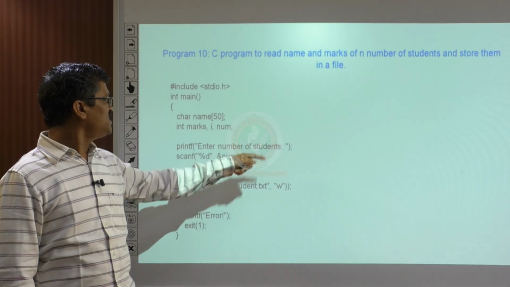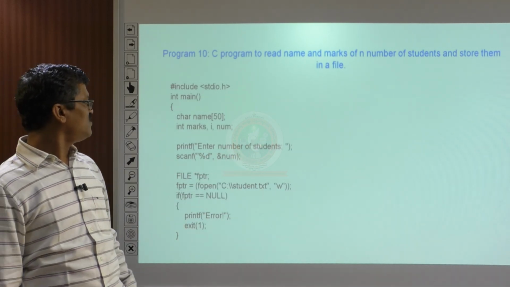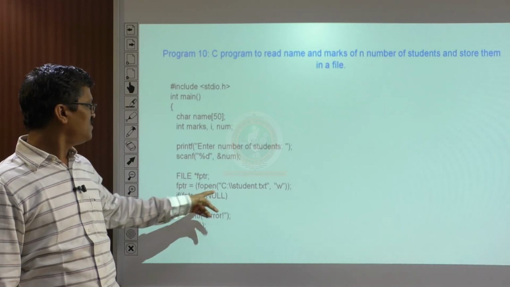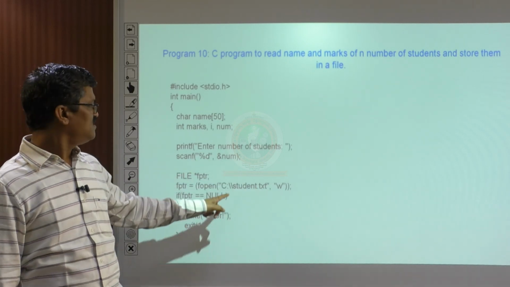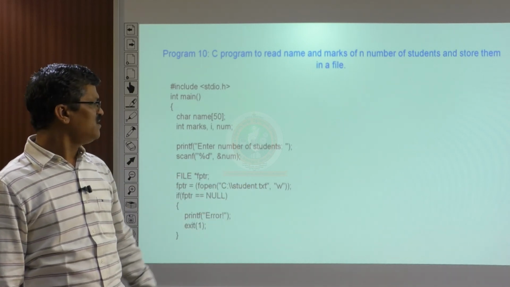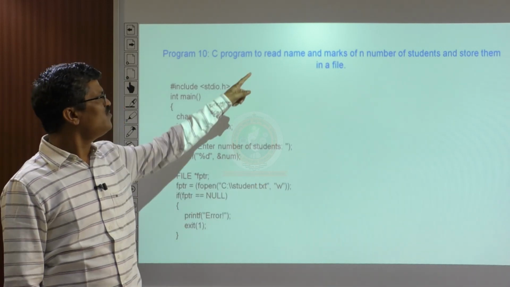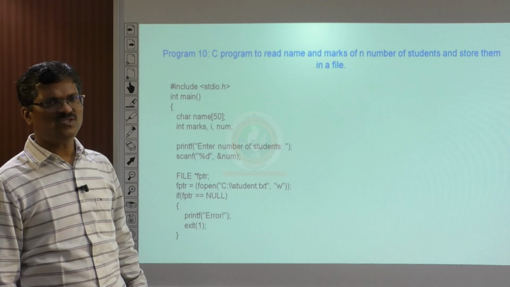So, enter the number of students, how many number of students you need, and then open a file. I am opening the student.txt file in a write mode, because we have to store the information of the students.